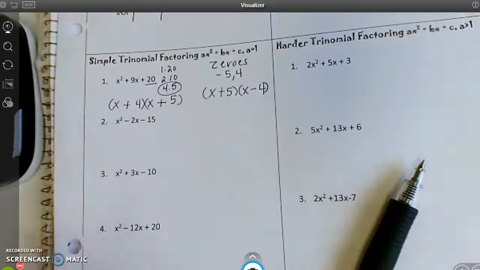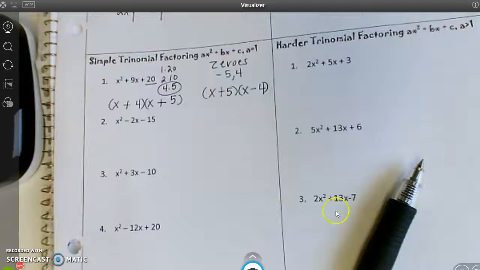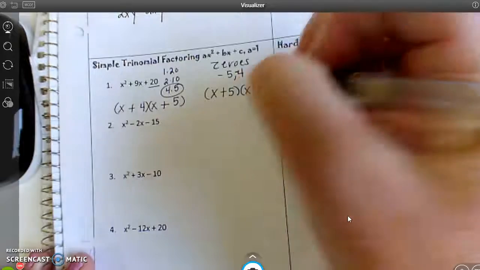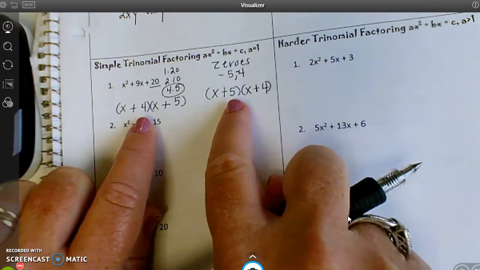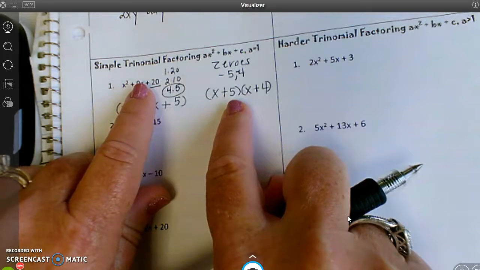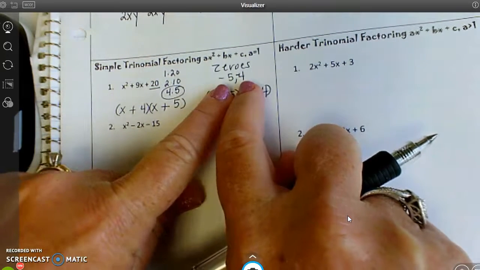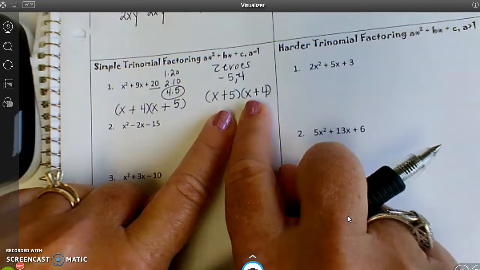That's not right, because obviously I typed it wrong, it's a negative and I didn't write that down. So let's go back. It was a -4 right there, so I had to change that to a positive. There we go. And see, notice that's what I got originally with trying to find factors that add to give me that. Okay? So if we start with the zeros and then make your parentheses and change the signs, that might make it a little bit easier.